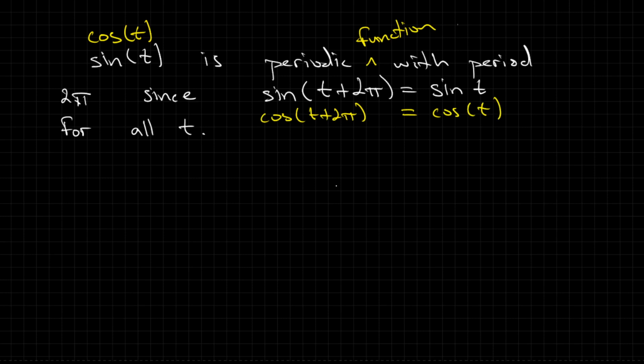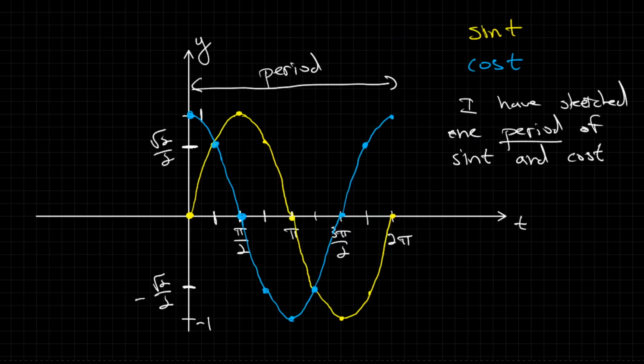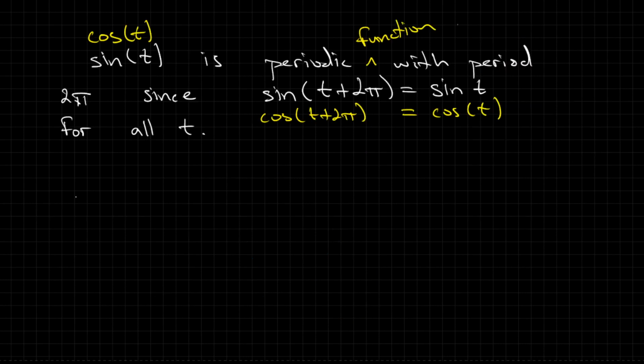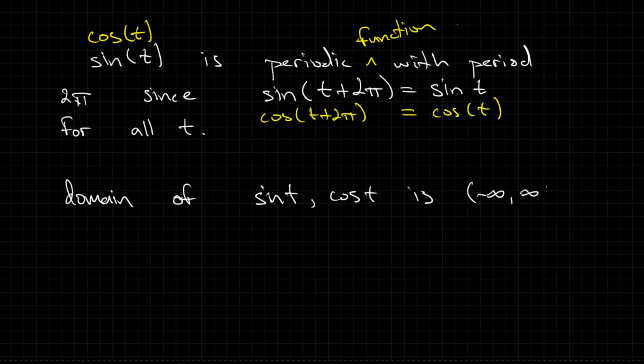And finally, I'll go ahead and remind you about the domains and ranges of these functions. So you can take any value of t and put it into the sine or cosine function, and that means that the domain of sine t and cosine t is minus infinity, comma infinity. So the domain of both of them is all real numbers.